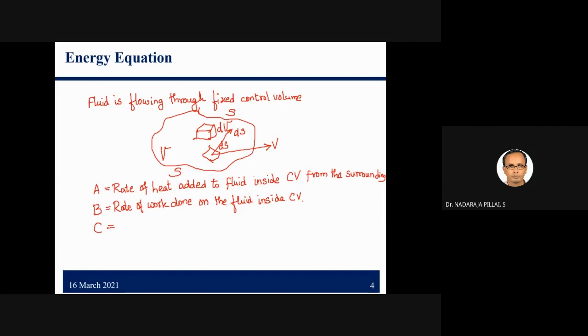Now, this is equal to C, the rate of change of energy of the fluid as it flows through the control volume. There we have considered that as the internal energy.